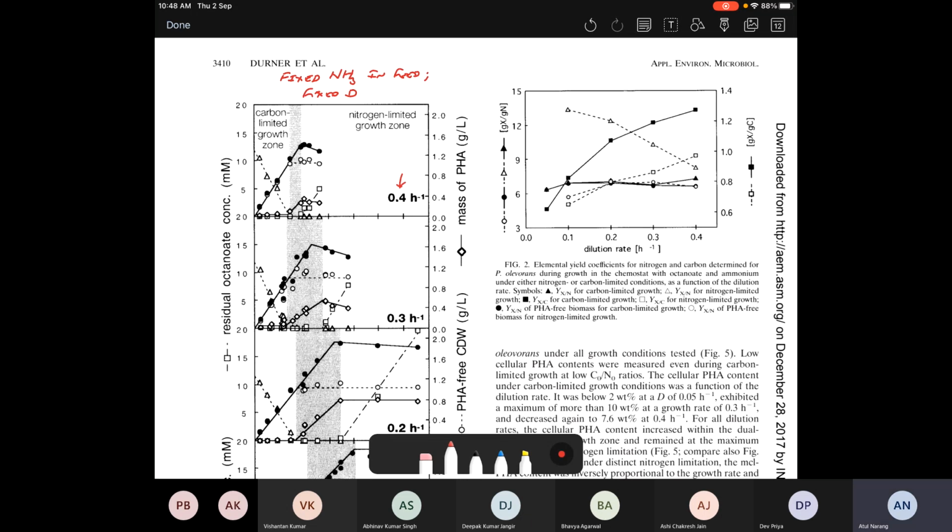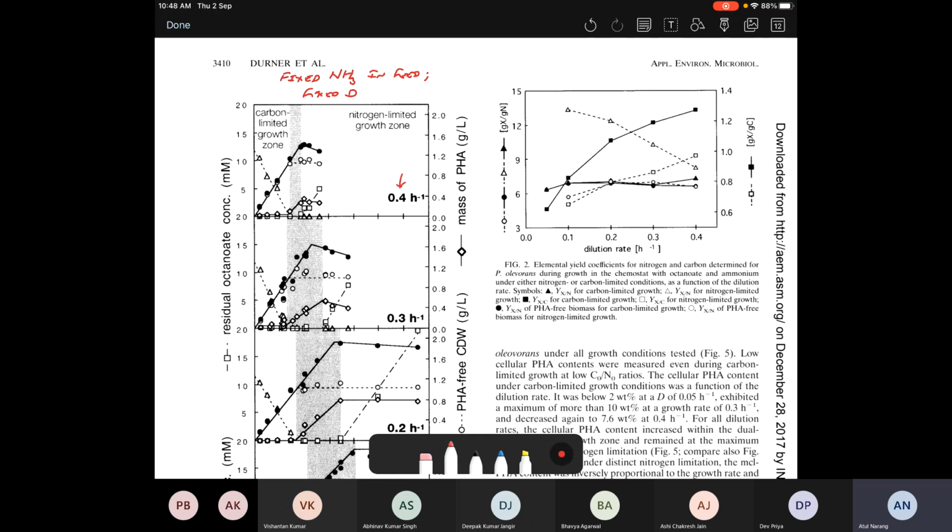You can always arrange what that other substance might be. The people who did these experiments made sure that nitrogen was limiting when the carbon became sufficiently large. So way to the right hand side, the growth is nitrogen limited. To the left you have carbon limitation, to the right you have nitrogen limitation.